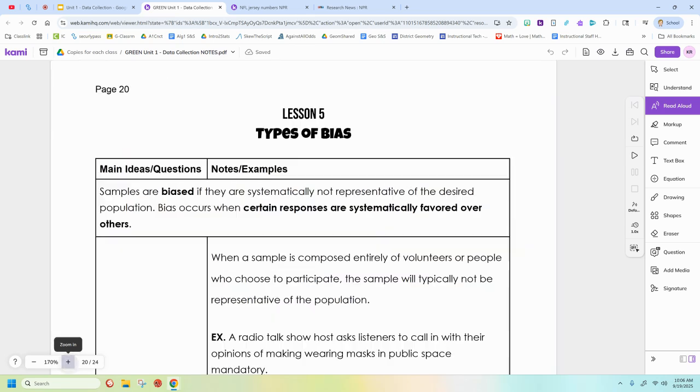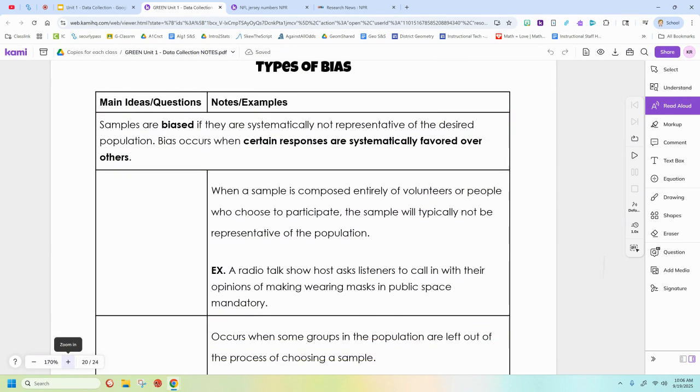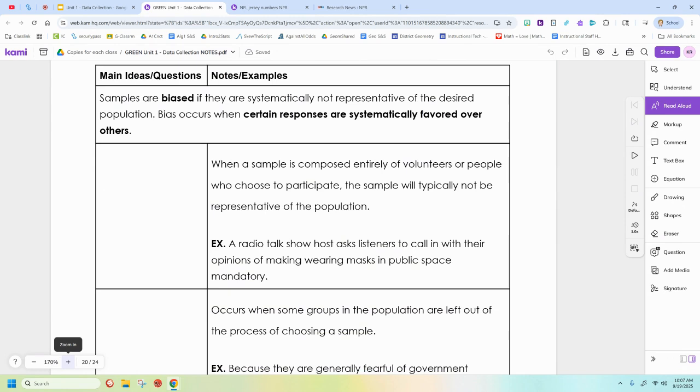So this is not a great lesson because really it's just a bunch of definitions and some examples. The biggest thing to know about bias is that this is scientific bias. There's all sorts of things going on, but this is for statistics, specifically when you're collecting data, things that can happen that affect your data.